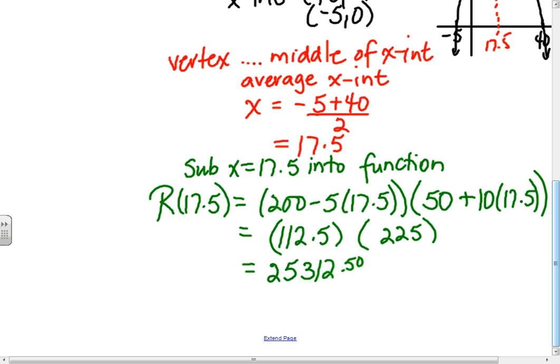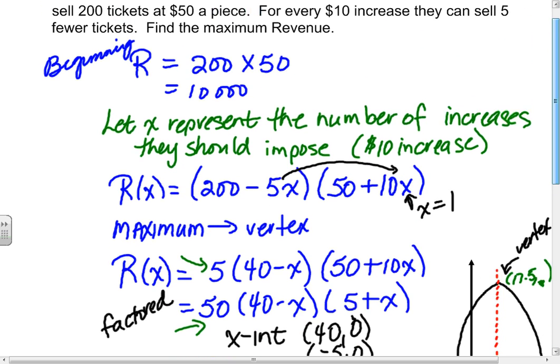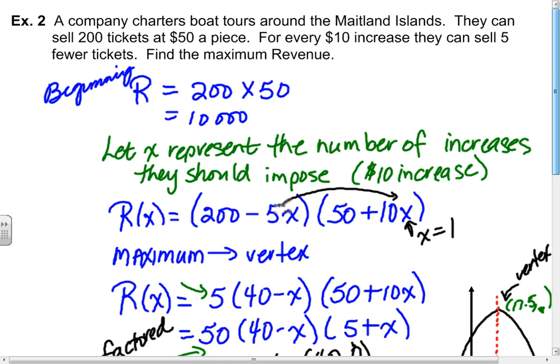The question asked us, how many increases do we need? Find the maximum revenue.